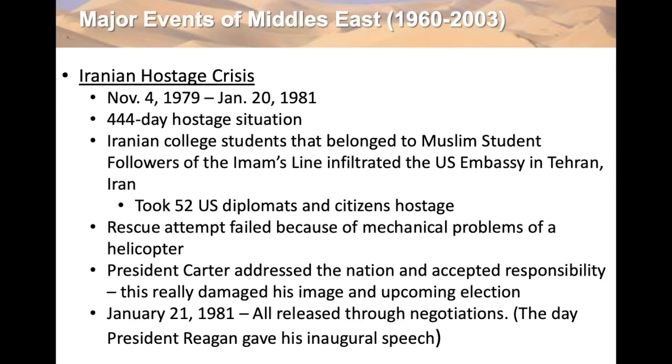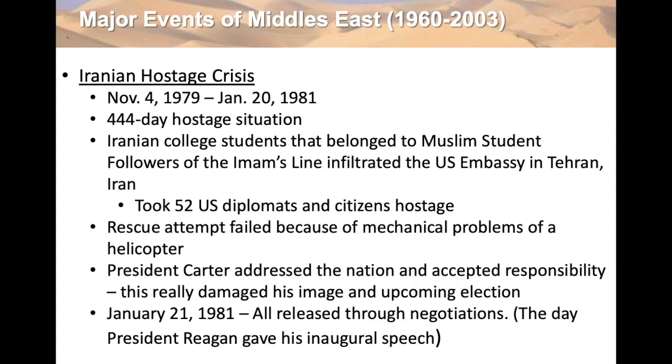And he was coming up for re-election against Ronald Reagan. This Iranian hostage crisis really damaged him, and Ronald Reagan was elected as president. So on January 21st, 1981, which is my birthday, all of the American hostages in Iran were released through negotiations.